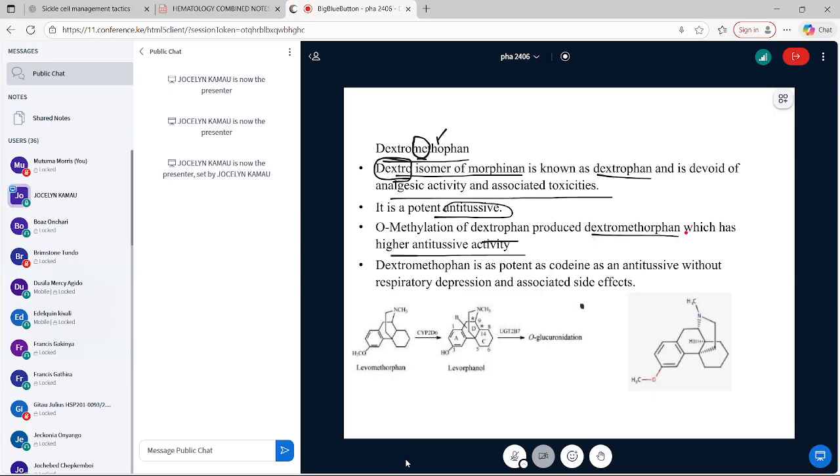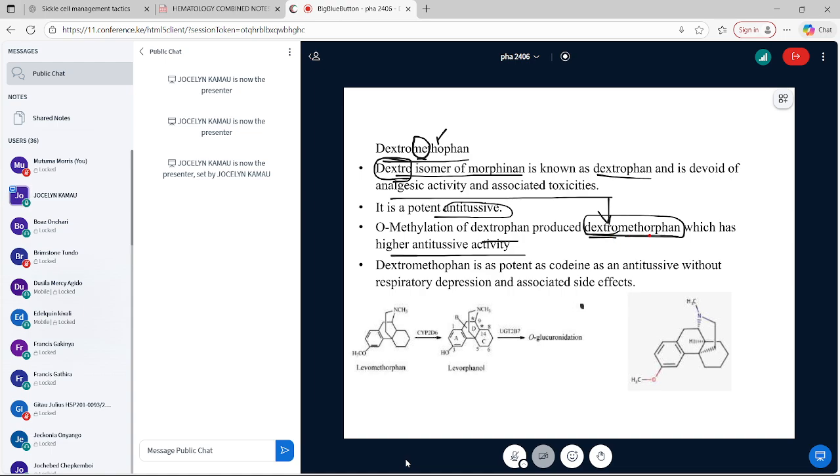When you go out there and look at some of the cough syrups, you will see they have dextromethorphan. Because of the dextro, all those euphoric activities have been reduced because it's already the dextro isomer.